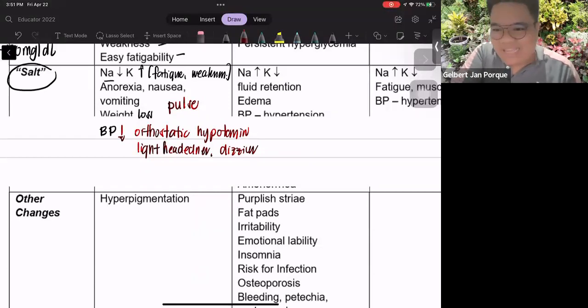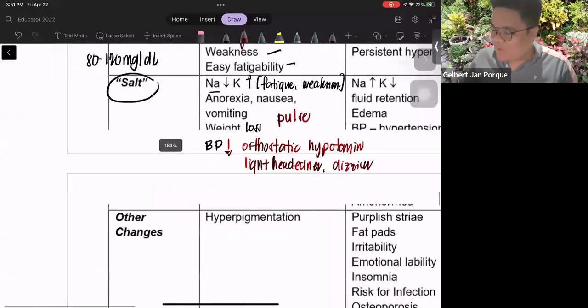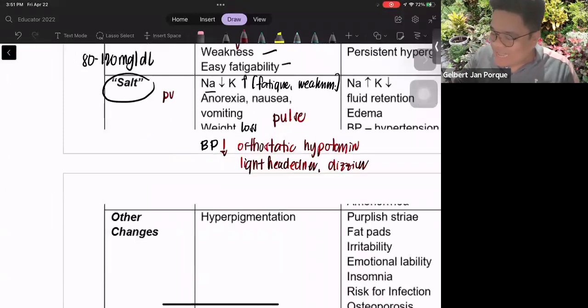Is it dasig or mahina? Class, recall your shock. What would happen? Initially, it is rapid and weak. When you're dealing with shock, initially, the pulse is rapid. But then, it's weak. Okay, that's for your pulse.